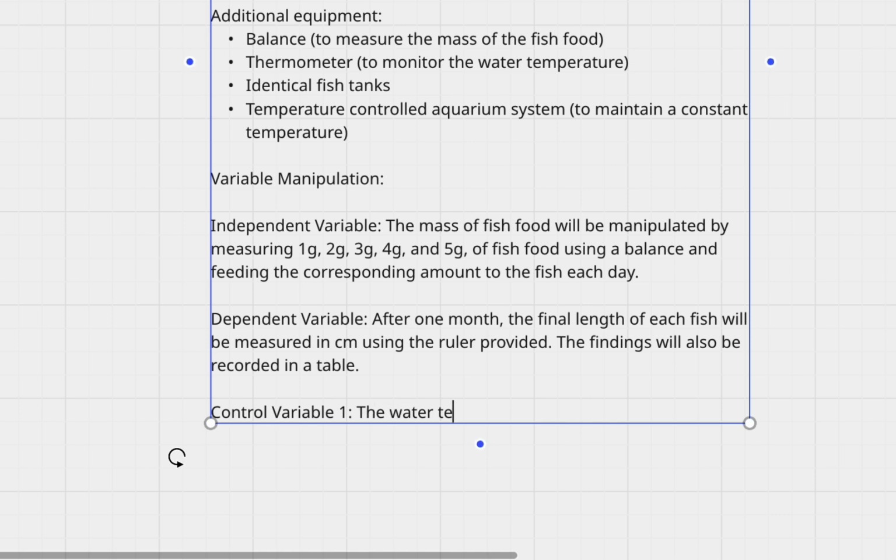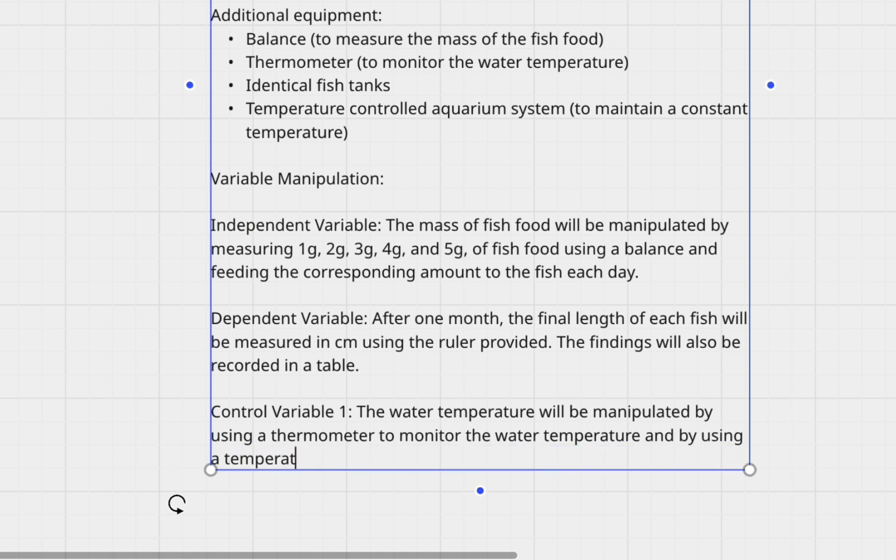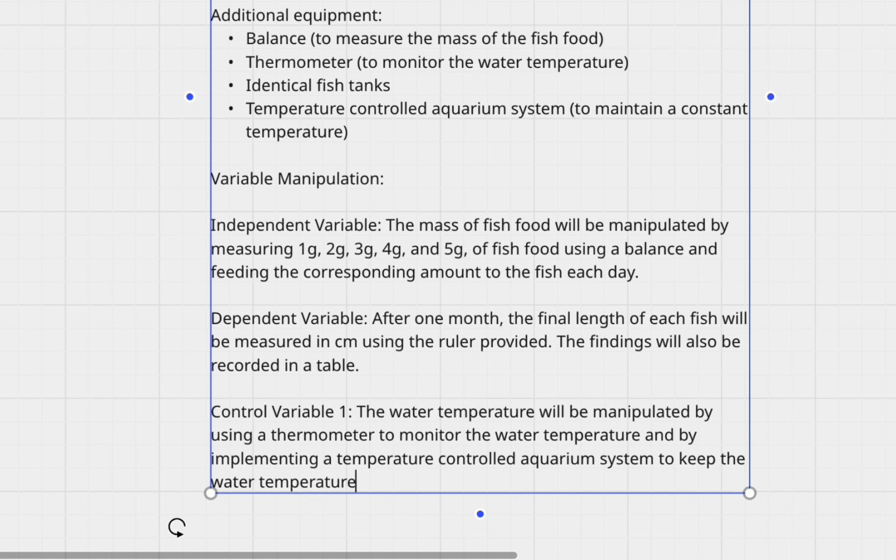The water temperature will be manipulated by using a thermometer to monitor the water temperature, and by implementing a temperature control aquarium system to keep the water temperature constant throughout the investigation.